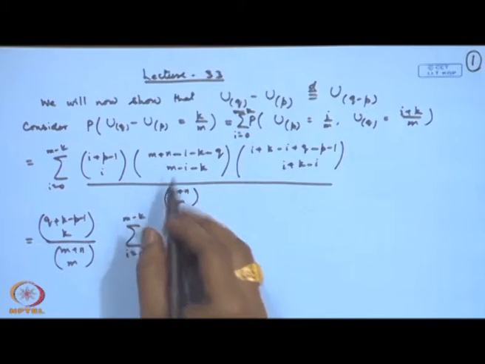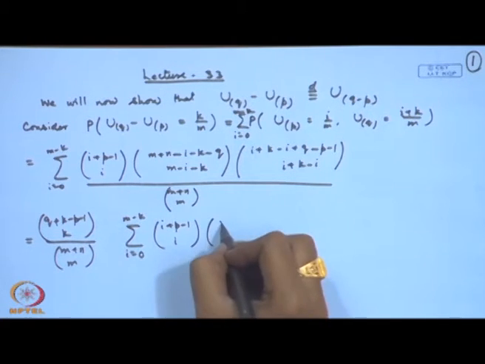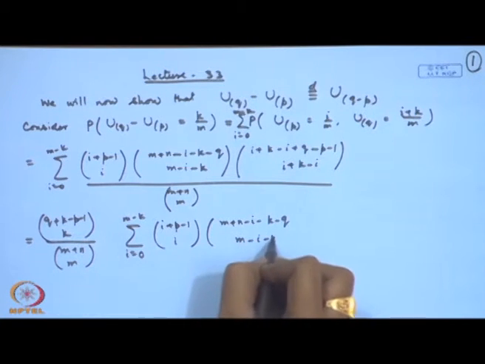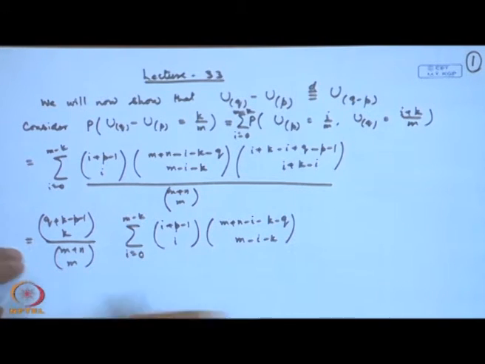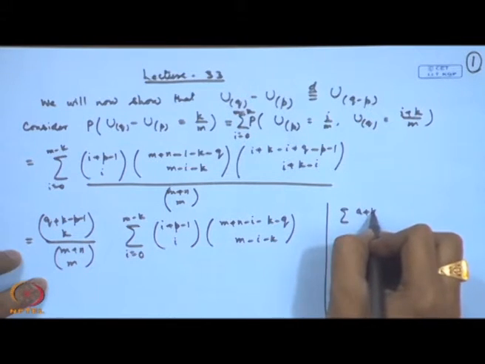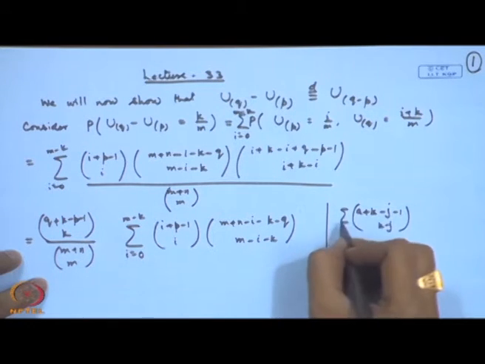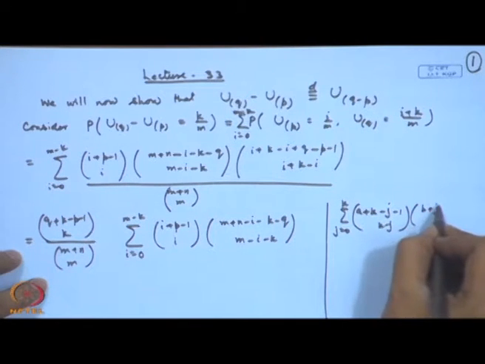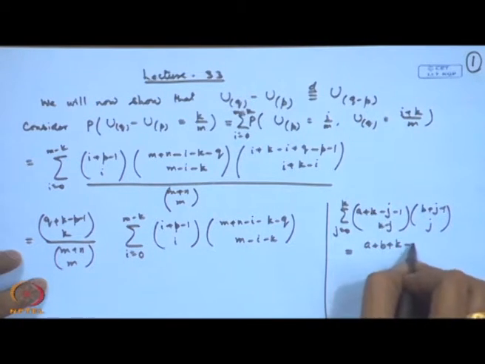So, this second one is I plus p minus 1 c I, then m plus n minus I minus k minus q c m minus I minus k. On this we apply this formula. Let me write that formula here. We have a plus k minus j minus 1 c k minus j, j equal to 0 to k, into b plus j minus 1 c j, that is equal to a plus b plus k minus 1 c k.